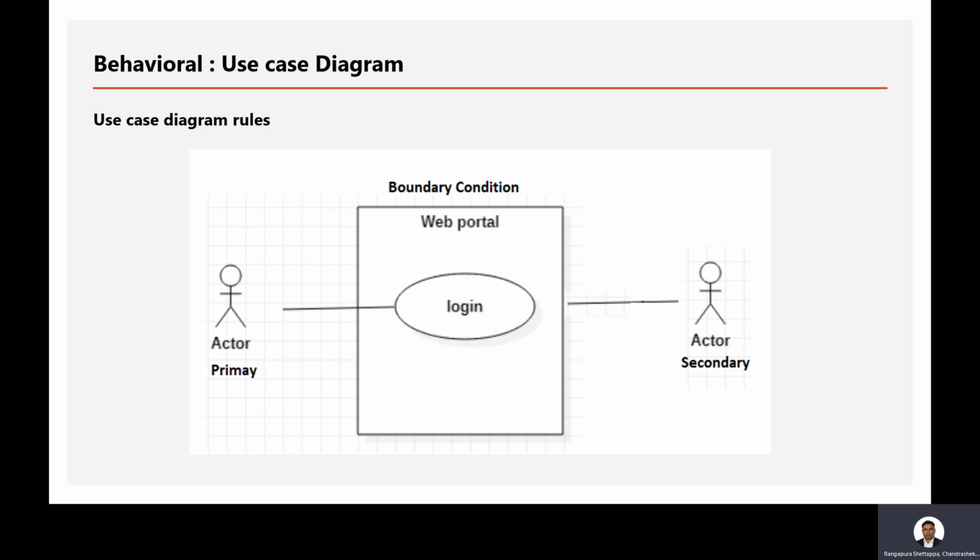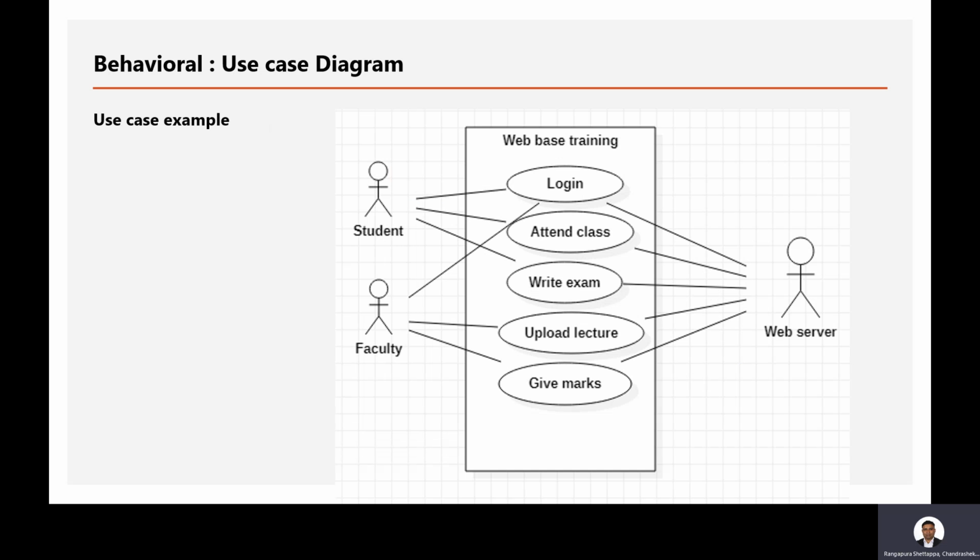Let's try to understand this with a typical example. I'm taking an example of web-based training where a student is an actor, meaning he wants to learn some new subject by viewing videos and writing exams. Similarly, a faculty member or lecturer is another actor who is initiating a few use cases like uploading lectures, giving marks and so on.